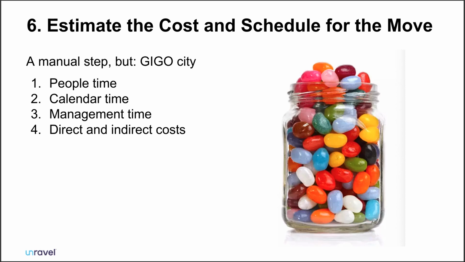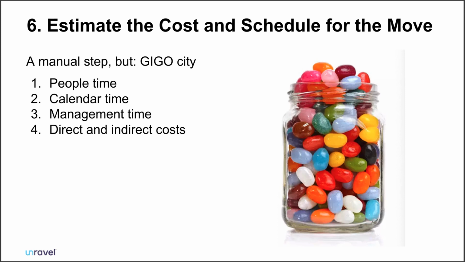You have to estimate the cost and schedule for the move, and that's very much a people thing. Are you talking about calendar time, fractions of people's time, but it takes a while, or are you talking hours? Management time is crucial. I once read something really discouraging: the most precious resource in business is management attention.